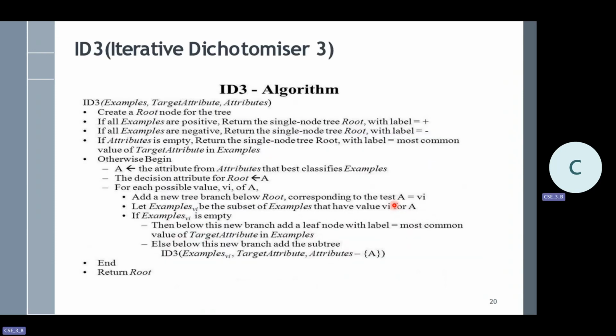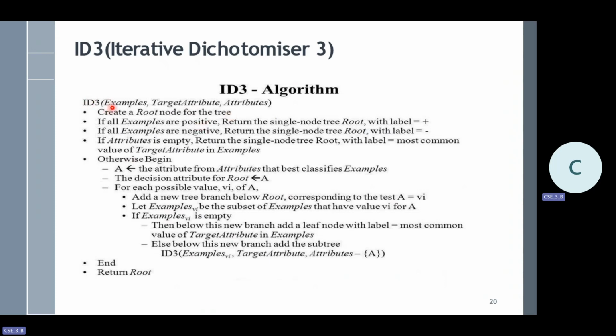Next we will focus on the ID3 algorithm, that is the iterative dichotomizer. Let us understand how it is going to work, and it is pretty sure that once we go through the example, this will be more clear.